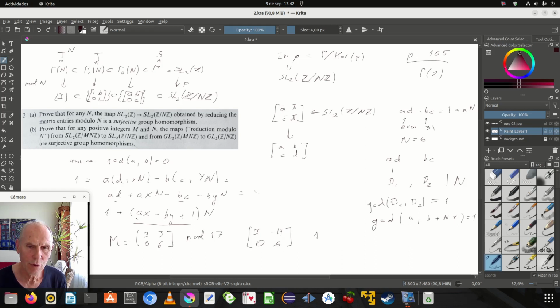That is 1 plus 17, and then we have 3 times x minus plus 14y equals 1, which we need to solve. And we can take y to be -1 and b to be 5.